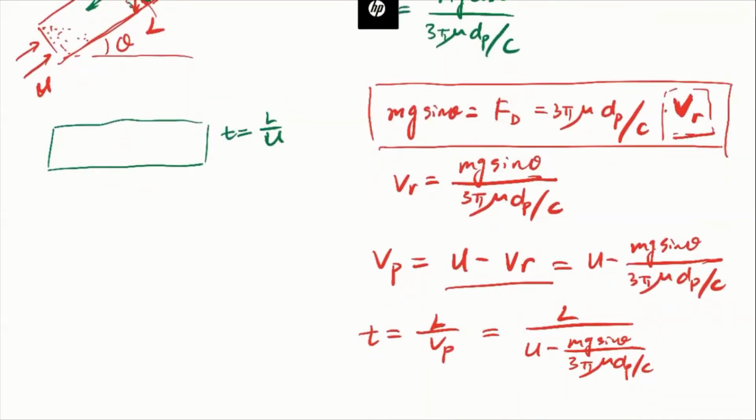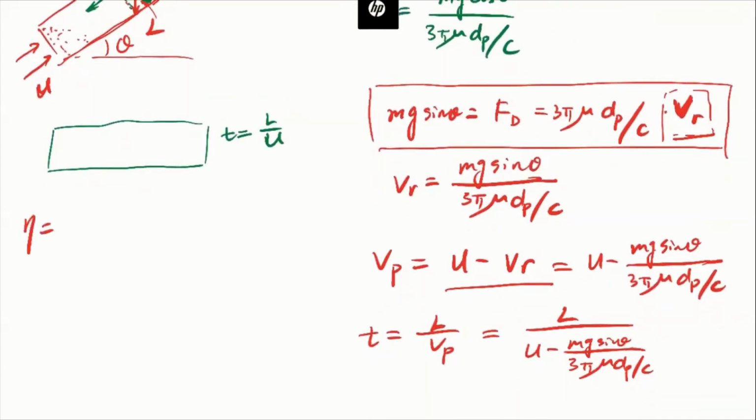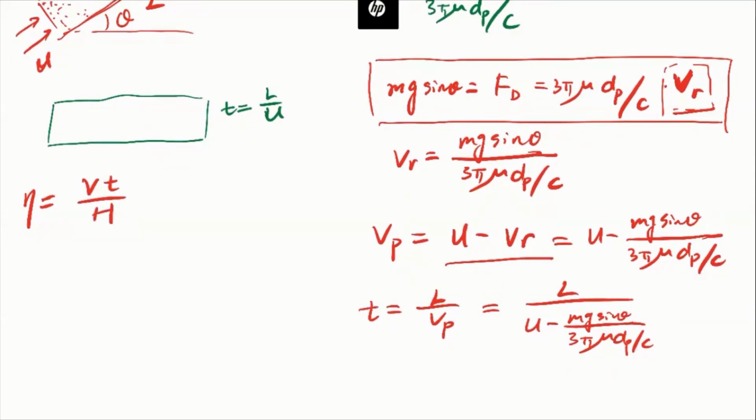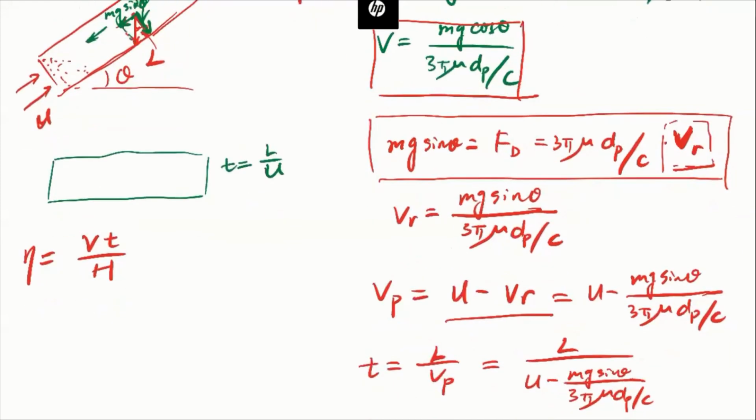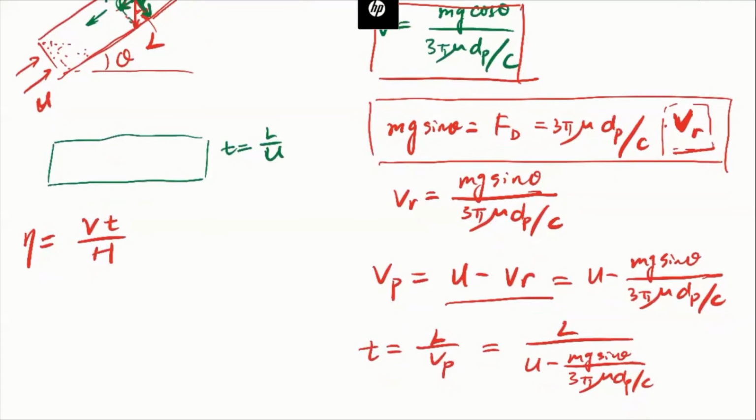Okay, so now we can calculate the particle removal efficiency, which is Vt divided by h. We know that the V is this term, that is the velocity that's perpendicular to the duct, right? And the time is the actual time that the particles spend in the duct.